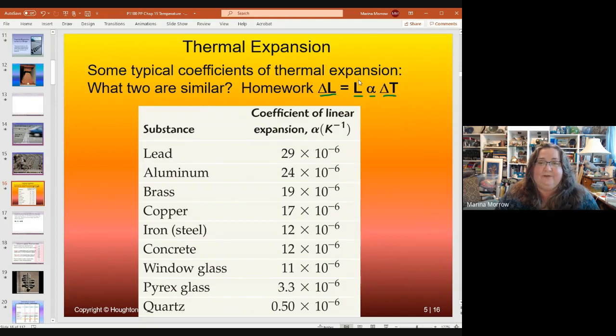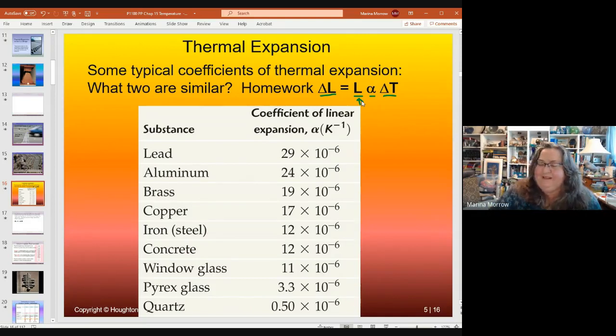And what some of the books were missing was the L, the original length. Well, you can't find out the change in the length unless you know the original length. So anyway, make sure that if you've got a textbook that's missing the length, that you go ahead and correct that in your book. Yes, sometimes textbooks are wrong.